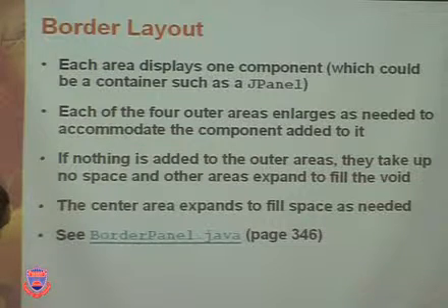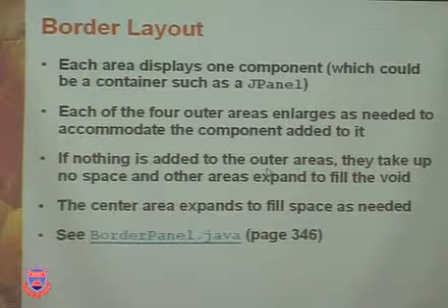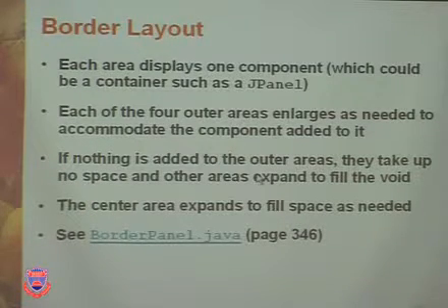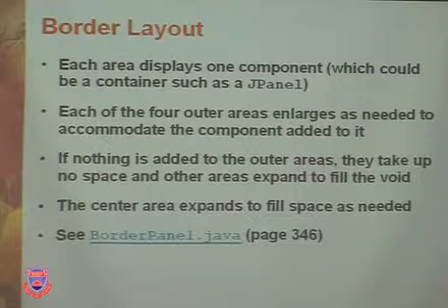And if you enlarge the size of the thing, it is going to adjust the sizes. However, if you add nothing to the outer areas, they take up no space, and other areas expand to fill the void. So if you omit some of the components, such as north or east, it will expand according to the remaining parts of the panel.